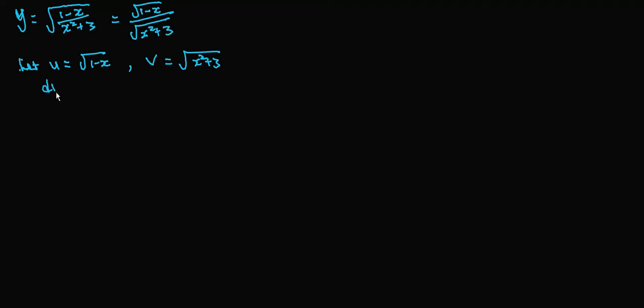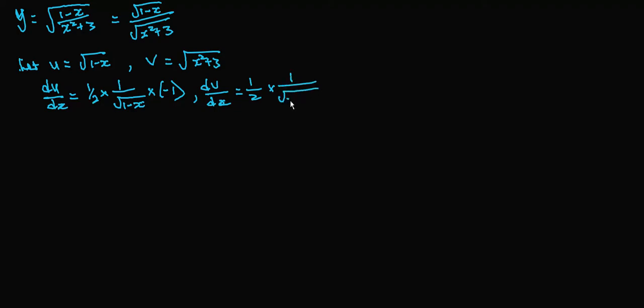Okay, now let's find du/dx, which is half times 1 over square root of 1 minus x, times minus 1. And dv/dx equals half times 1 over square root of x squared plus 3, times 2x.